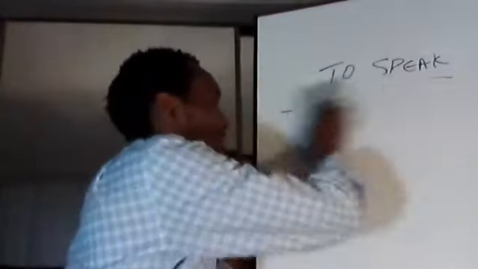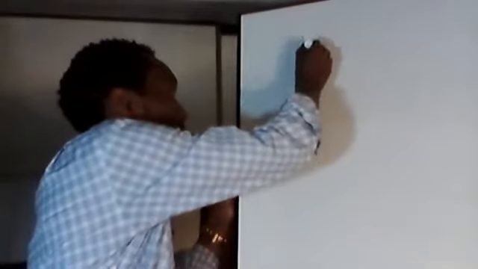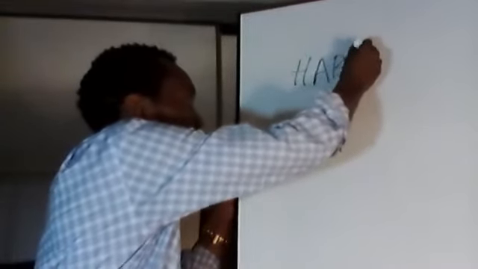Let's start with the AR verbs. And I'm going to give you the example of an AR verb: to speak in English. And I'm going to use the same verb, but this time in Spanish. And to speak in Spanish means hablar. Now, I did post a video about the Spanish alphabet.